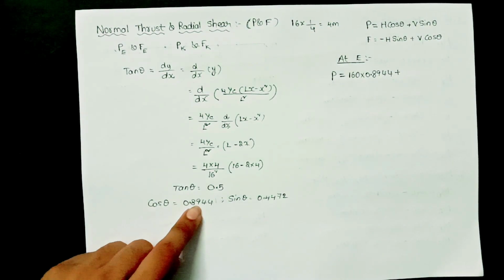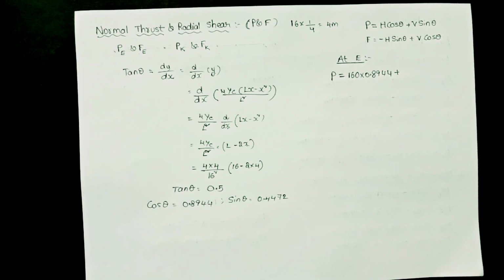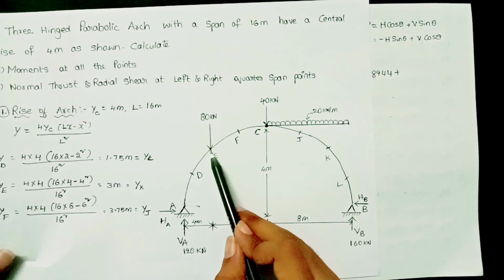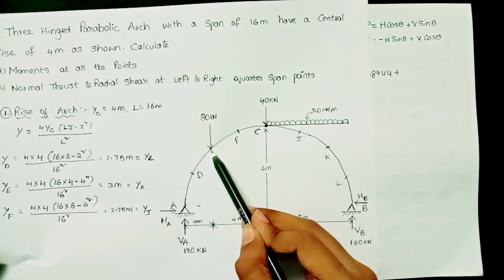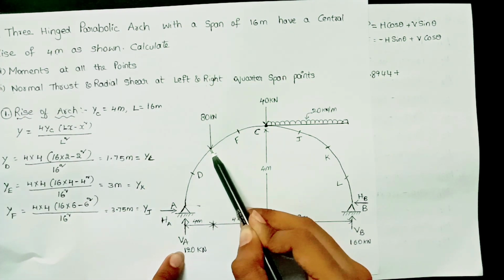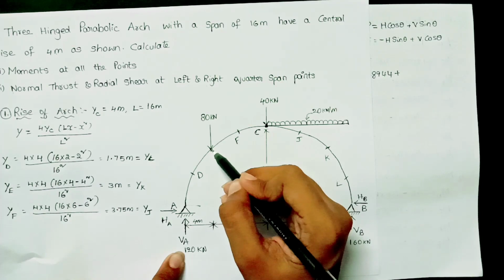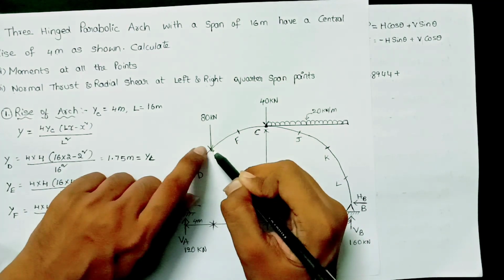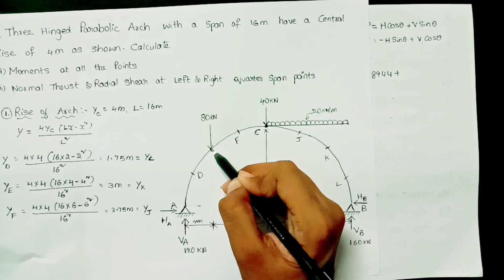Treating the arch as a simply supported beam, we have to calculate the shear force. In the given arch, if I am calculating the shear force at E, on the left hand side upward we have 120 kilonewton. Whatever procedure we have adopted in simply supported beams, the same procedure is adopted here to calculate the shear force.